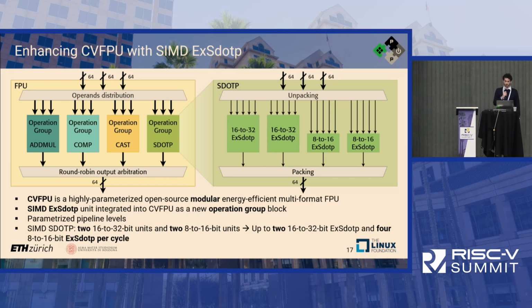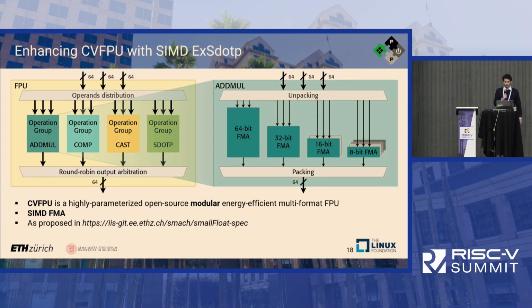So basically, we are able to compute up to 4 8-to-16 ExSdotp per cycle, or 2 16-to-32-bit ExSdotp per cycle. We still added support for this lower precision format to the other operation group block to provide a bit more flexibility in using these more compact data types.